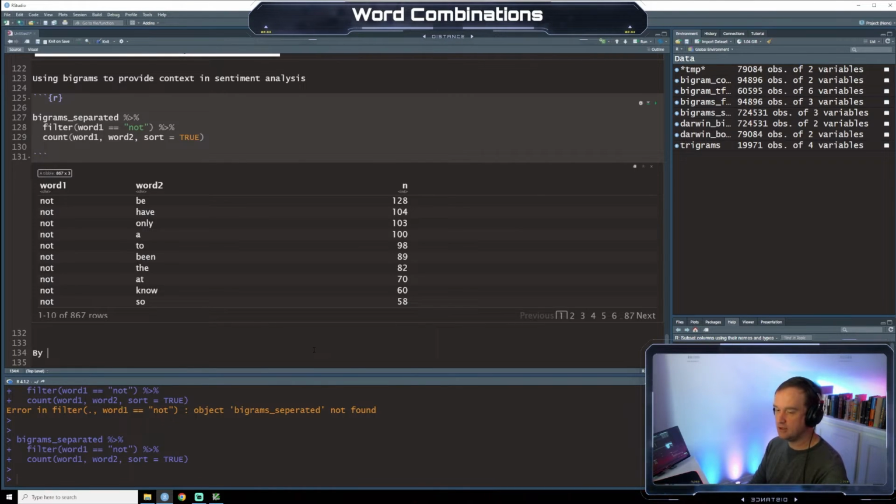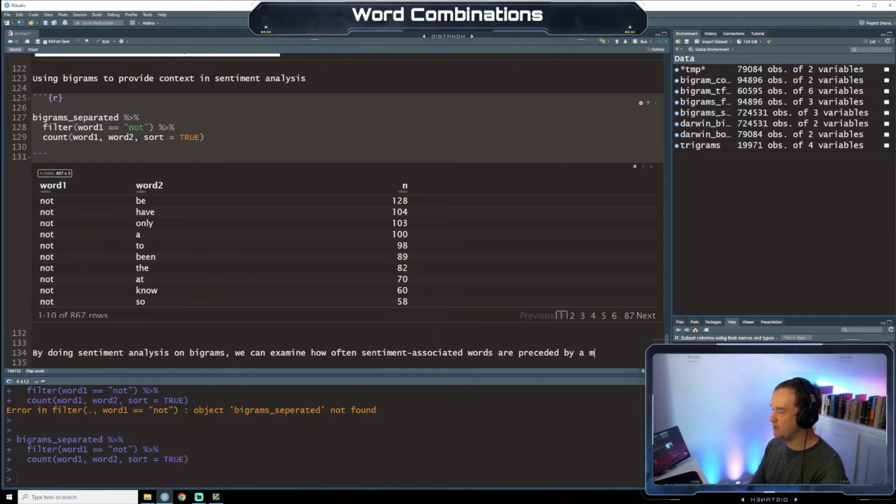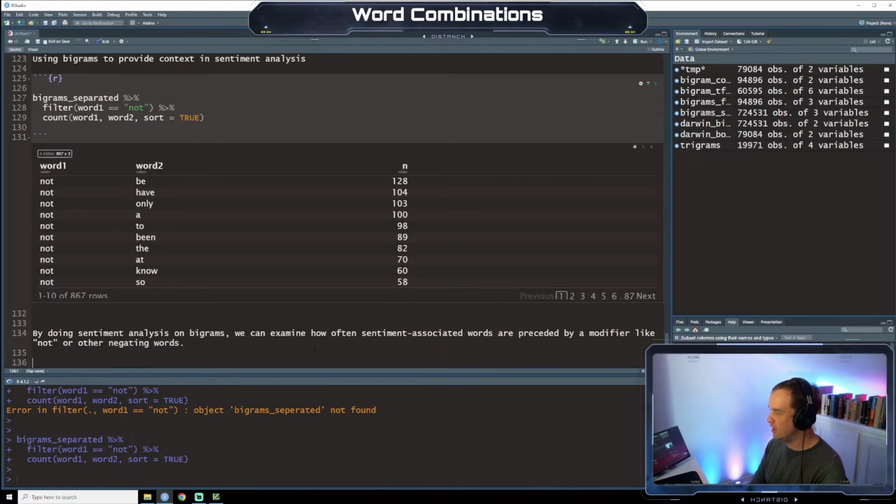So by doing sentiment analysis on bigrams, we can examine how often sentiment-associated words are preceded by a modifier like not or other negating words.